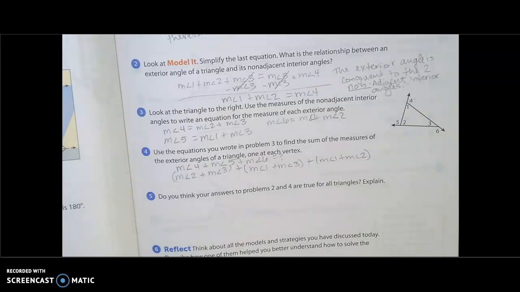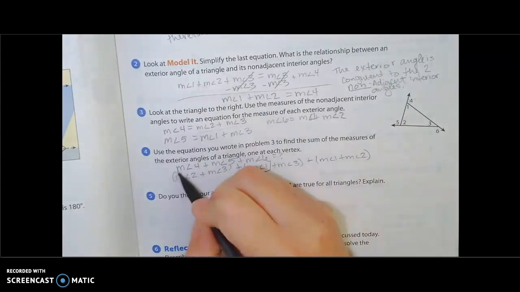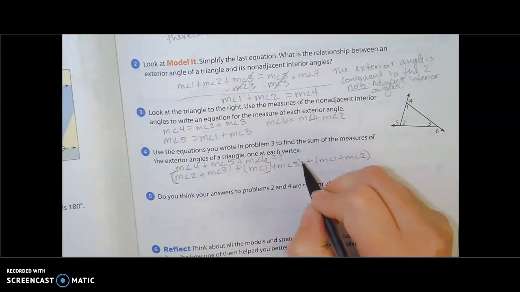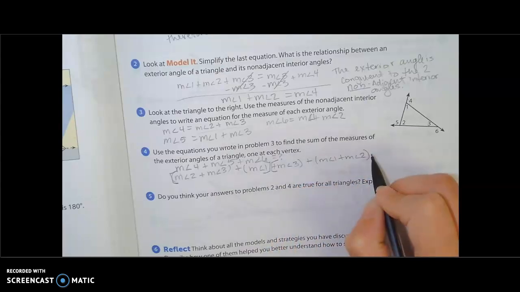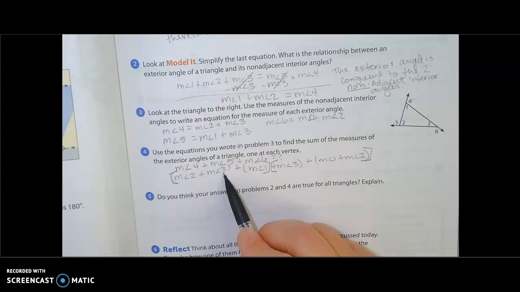I know about inside angles. I know that the measure of angle 1 plus the measure of angle 2 plus the measure of angle 3 are interior, so they have to be 180 degrees. So now I'm going to basically move my parentheses around, and I'm actually going to make them brackets. Because what do we notice? I have angle 1 plus angle 2 plus angle 3.